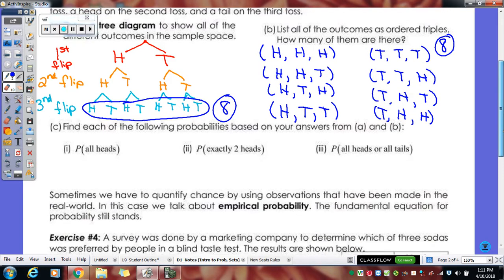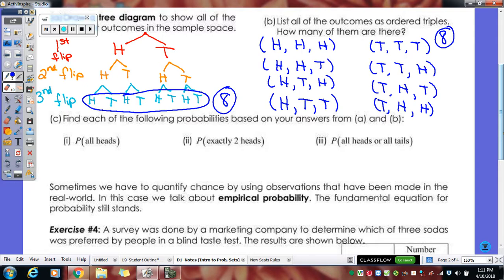So, part C, find the probability based on your answers from part A and B. We want the probability that all of the coins we flip are heads. So we got 1 out of 8. Probability that we have exactly 2 heads. Let's see here. This one has 2 heads. This one has 2 heads.